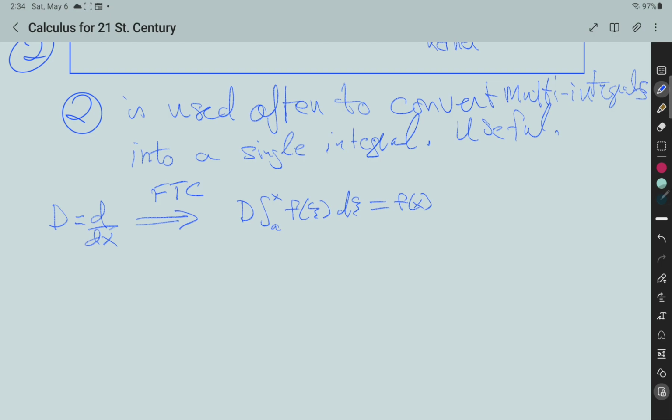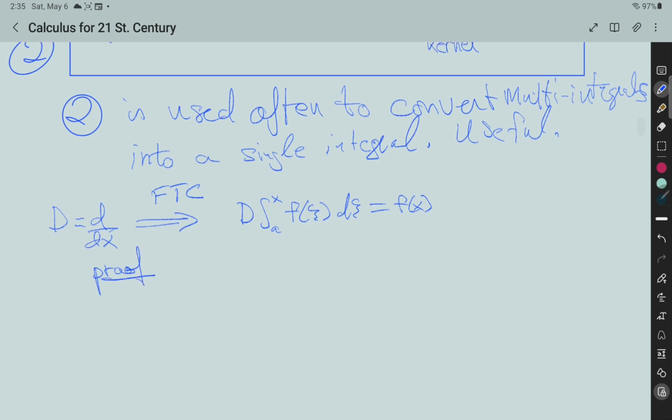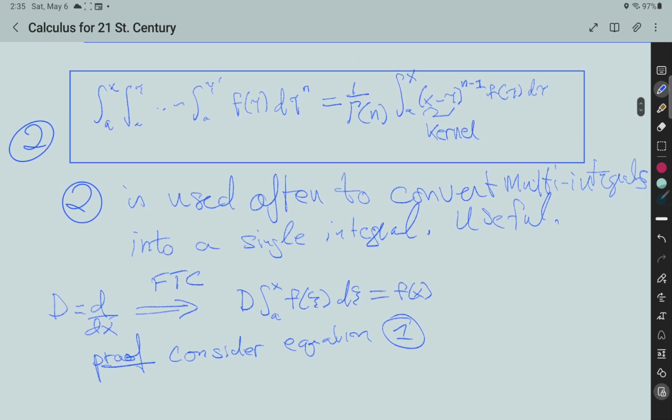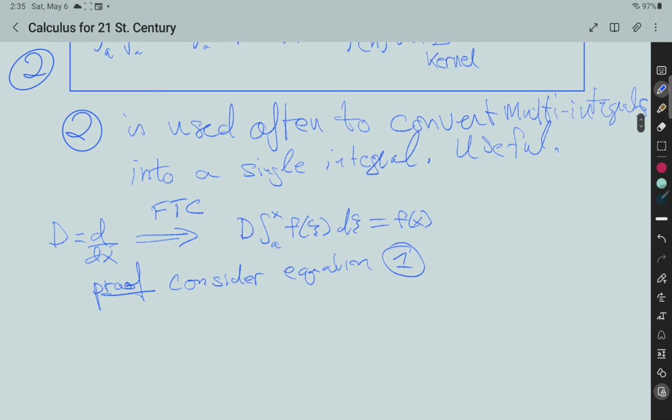To prove this, I consider equation 1. According to equation 1, we have d by dx of the integral from a to x of f of c dc.